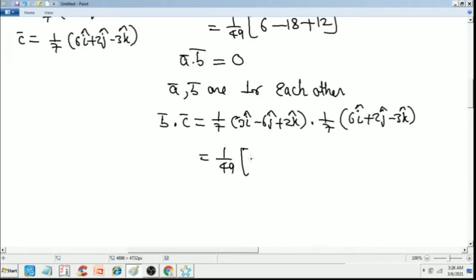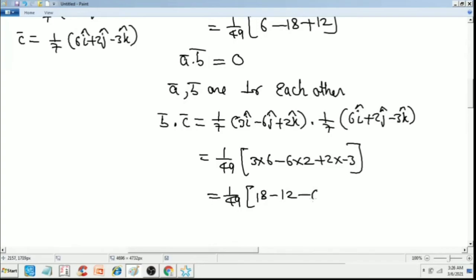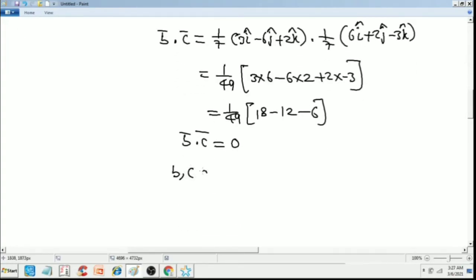Next, 3 into 6 minus 6 into 2 plus 2 into minus 3. So 1 by 49, 3 times 6 is 18 minus 2 times 6 is 12, 3 times 2 is 6. 18 minus 18 will become 0, hence this is 0. B dot C is also 0, that means B and C are perpendicular to each other.